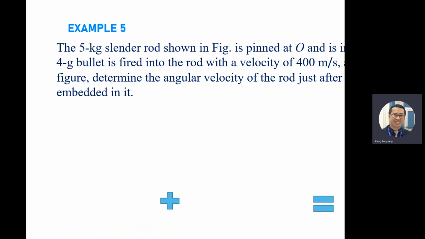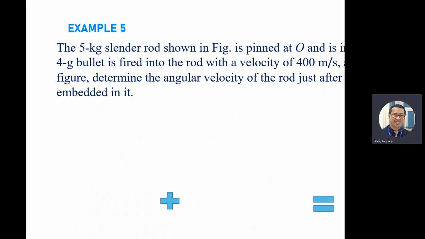If a bullet, whose mass is given, is fired at the rod at velocity 400 meters per second at a certain angle, determine the angular velocity of the rod just after the bullet becomes embedded in it. It means you want to find, when the bullet hits this one, what is the motion of the rod? Is it rotating, or what is the velocity of that?